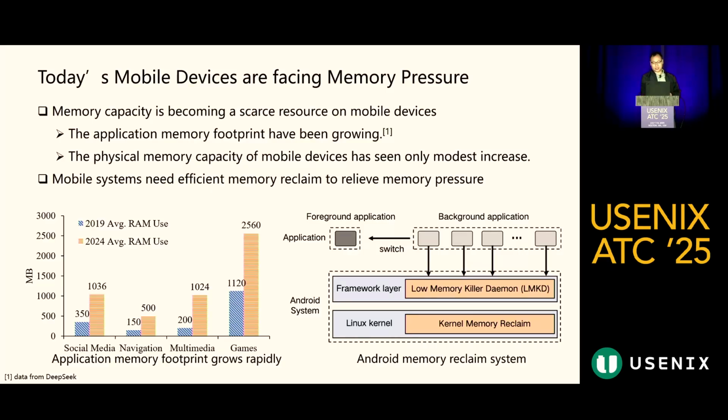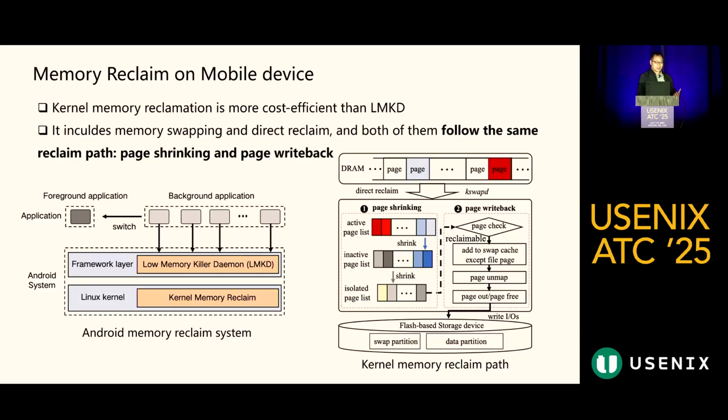In the current Android memory reclaim system, there are 2 types of memory reclaim methods. The first one is implemented in the framework layer. It is called the low memory killer daemon. And the second one is implemented in the Linux kernel. It is called the kernel memory reclaim method. Okay, so let us check what the low memory killer daemon is.